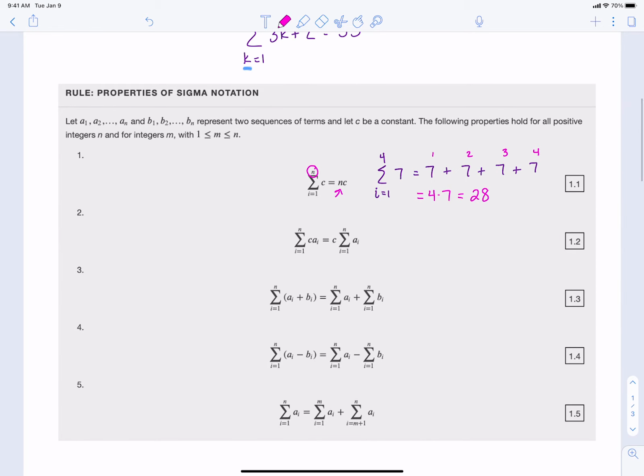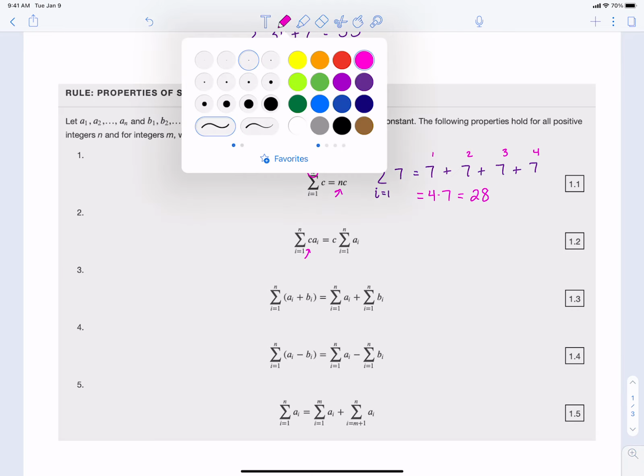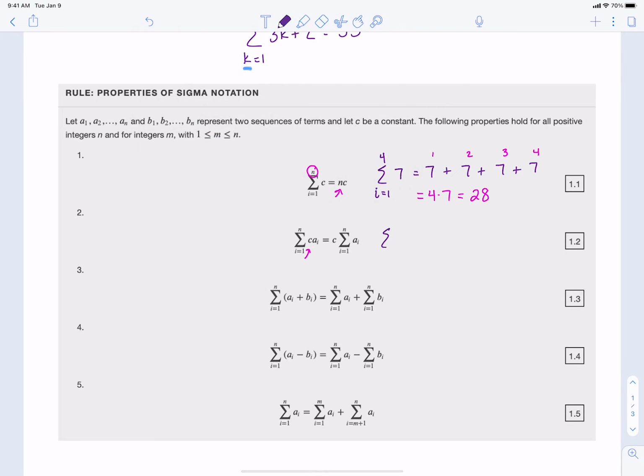And the second one says, all right, if we've got a multiple of our term there, so c times a sub i, what that means is if we're doing some sort of sum like i equaling 1 to 3 of 5 times i, now this would be 5 times 1 plus 5 times 2 plus 5 times 3.